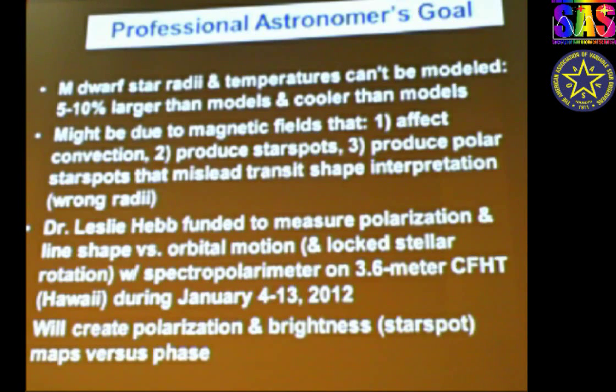She received funding to do a 10-day run on the Canada-France-Hawaii telescope, the 3.6 meter telescope there, with the spectropolarimetry, to try and understand what the magnetic fields and magnetic effects were on these pair of stars.